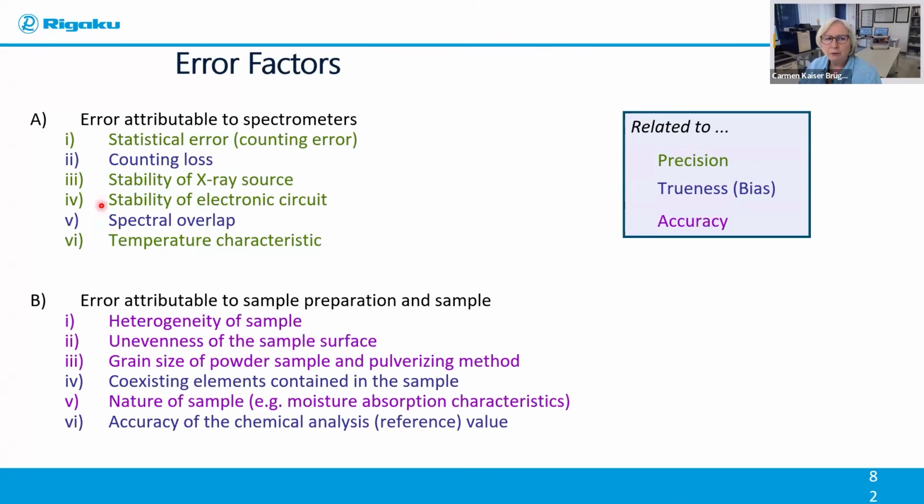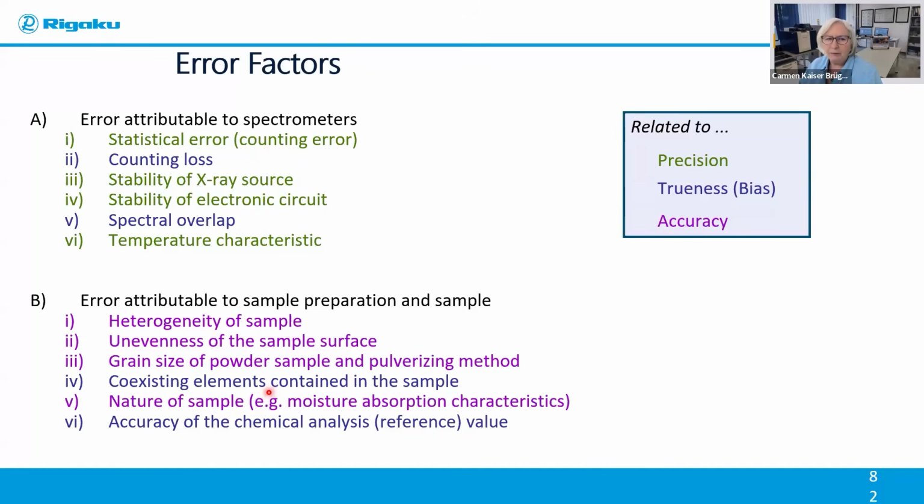So the first group, which is really the errors that are attributed to the spectrometer, are really from the precision point of view and the trueness. And then the second group are the errors related to sample preparation and the sample itself. And this is very often mostly on the accuracy of the method.